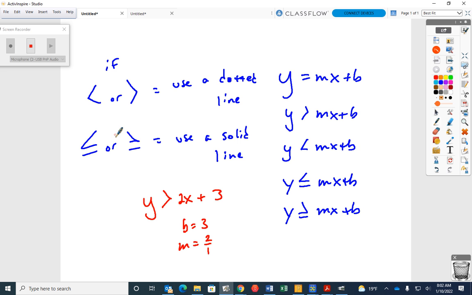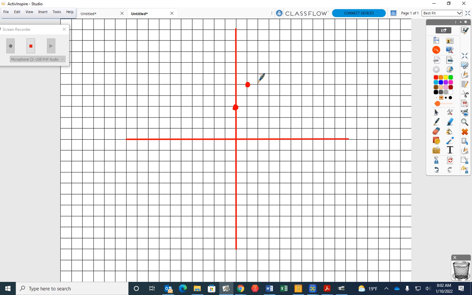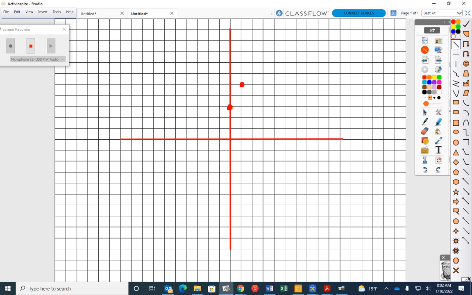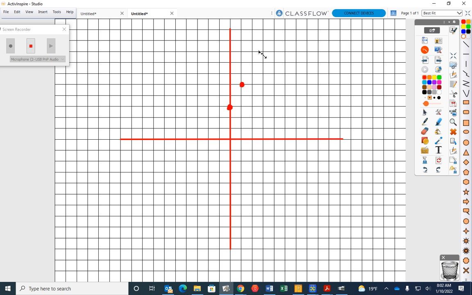So I'm going to use a dotted line when I connect these. Go ahead and graph that, just like that.